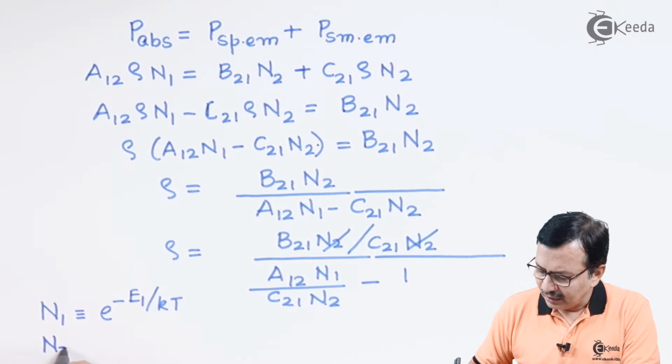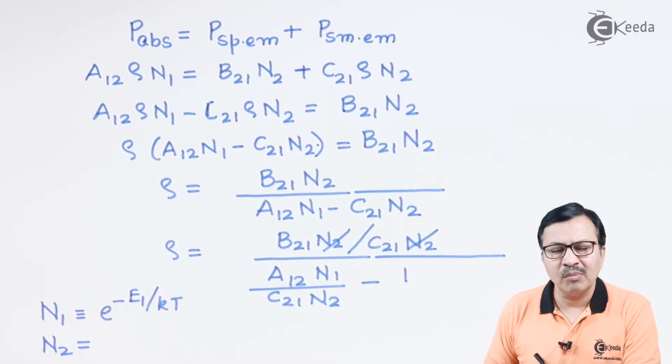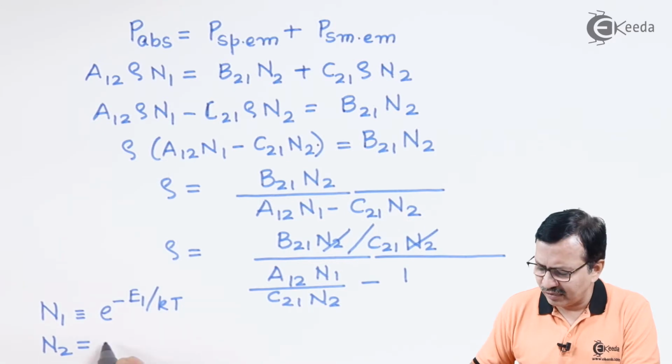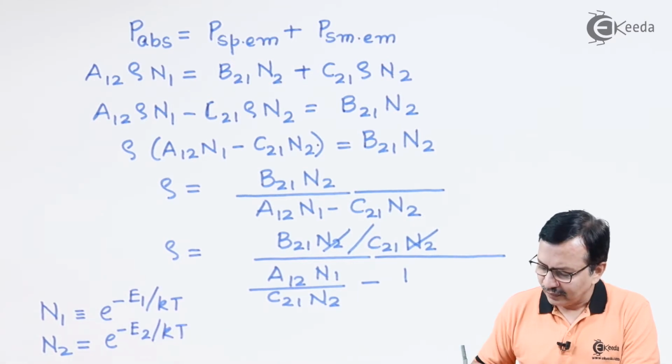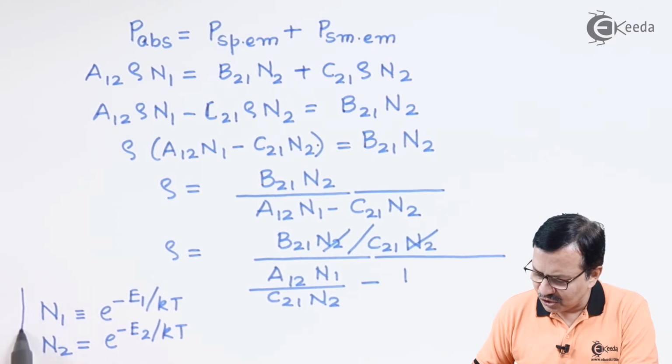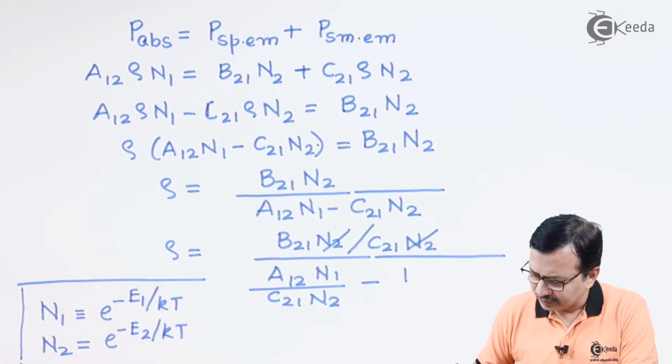Similarly, the total number of atoms, and this is going to be a statistical number, in the excited state with energy level E2 is given, once again, by the Maxwell-Boltzmann factor e raised to minus E2 upon kT.